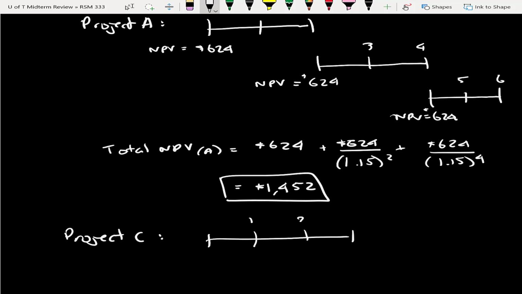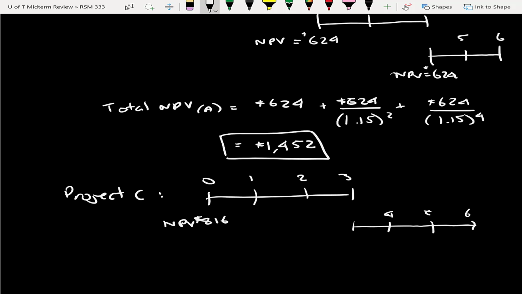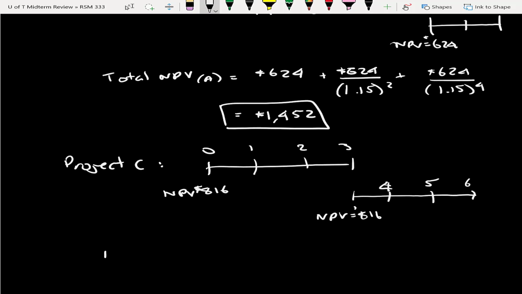Okay, so you got 1, 2, 3, and the net present value of this one was given as 816. And if we did it a second time to get to 6 years, we would also get a net present value of 816. So what's the total NPV of C?